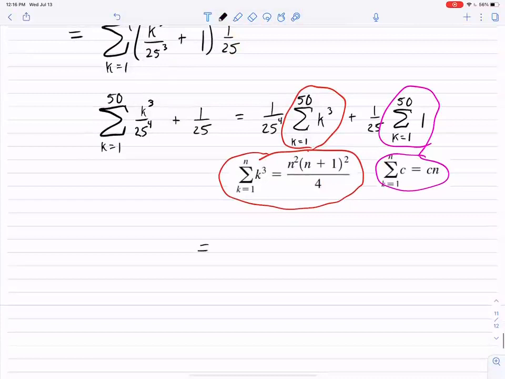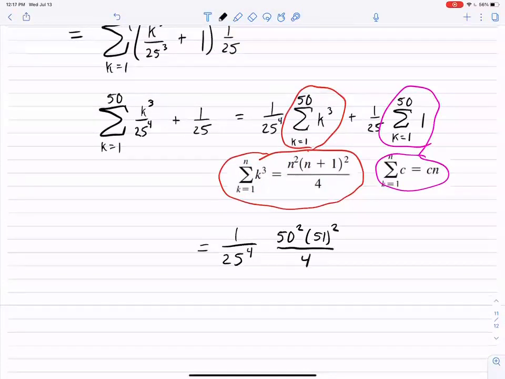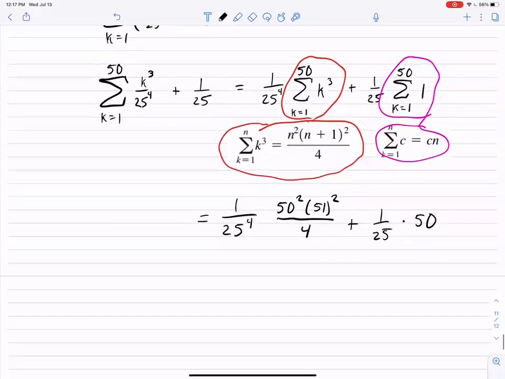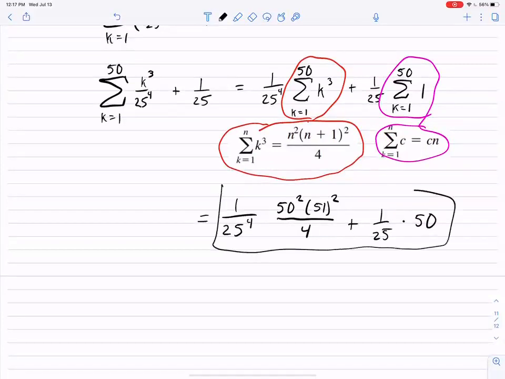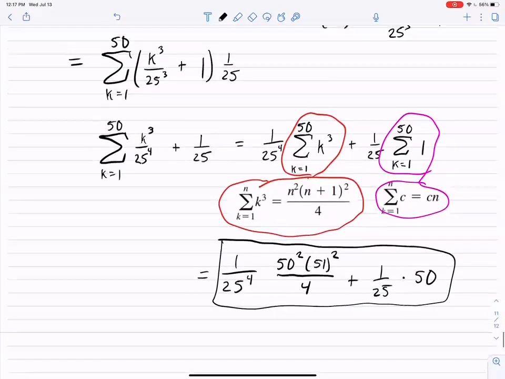And so this is going to equal 1 over 25 to the 4th times, the sum from k equals 1 to n of k cubed, so 1 to 50 of k cubed, is 50 squared times 51 squared over 4, and then plus 1 over 25 times, and this will just be 50 times 50. And so that's the final answer, which I have no idea what that is, but that gives us an approximation of the area.